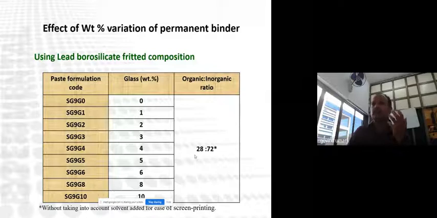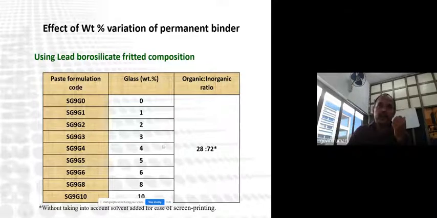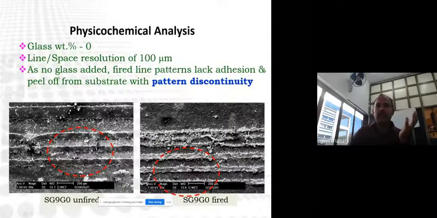People don't disclose it in papers or patents. We have to optimize it ourselves. So we have varied the glass weight percent from 0 to 10 weight percent, with nomenclature 0 to 10, and intermediate samples we have taken for analysis.